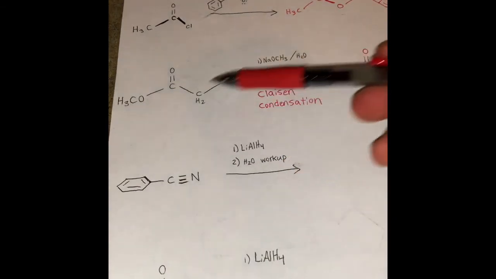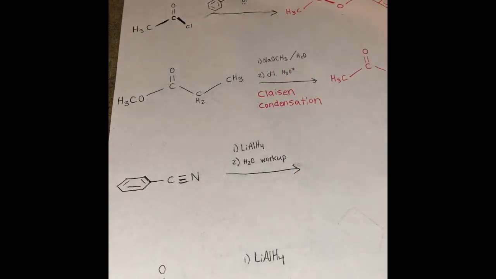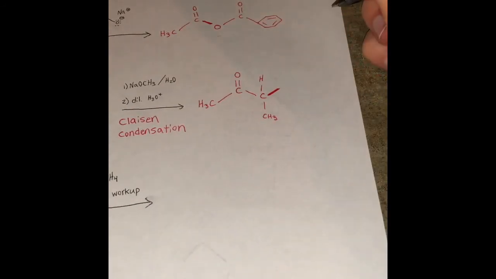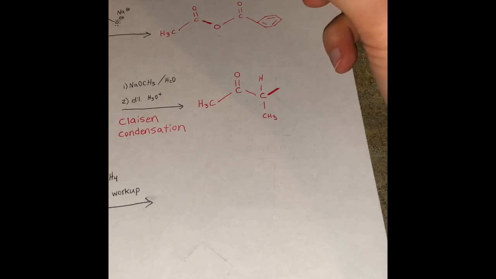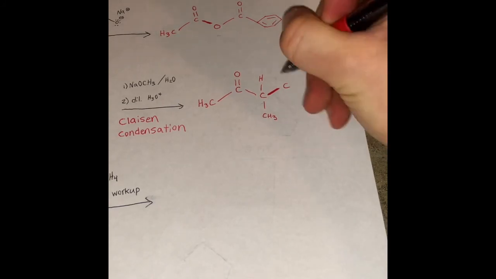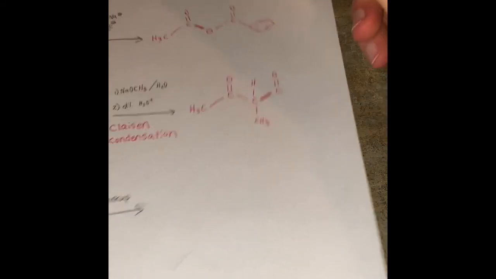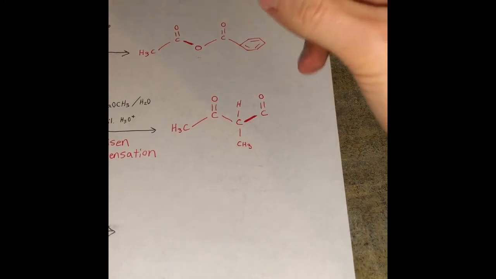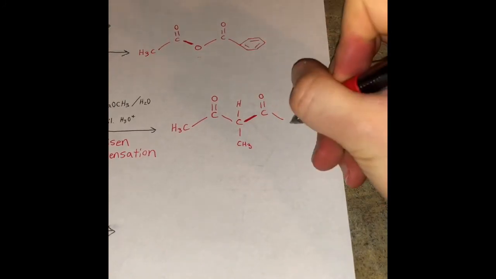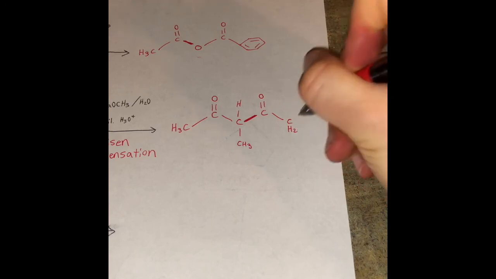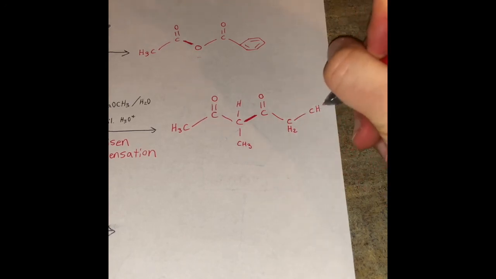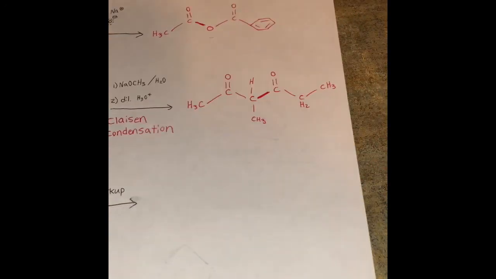So two of these come together and form one longer chain. So that's the product from our Claisen condensation.